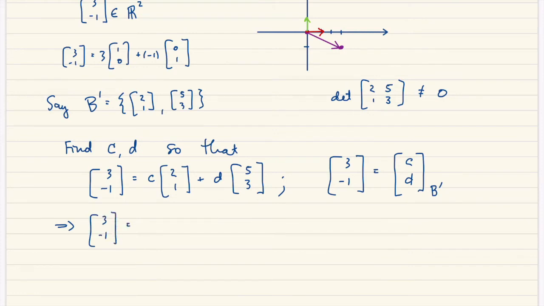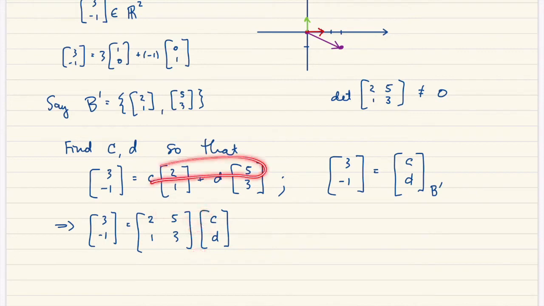So we have (3, -1) equal to, and you can check that these are equal on your own, the matrix with rows (2, 5) and (1, 3) times (C, D). If you were to go backwards and multiply these, you would get 2C plus 5D, which is what you get here.